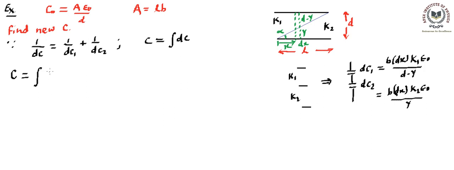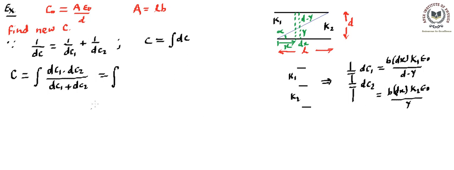Now this is going to be dC1 into dC2 divided by dC1 plus dC2. So this is going to be a little bit lengthy calculation, but yes, we can do that. dC1 and dC2 we need to multiply first, and downside we need to add and then divide.